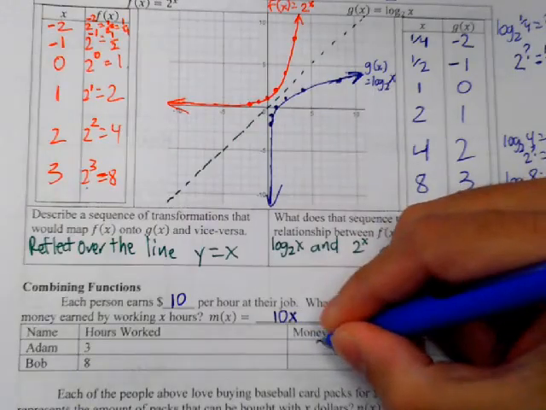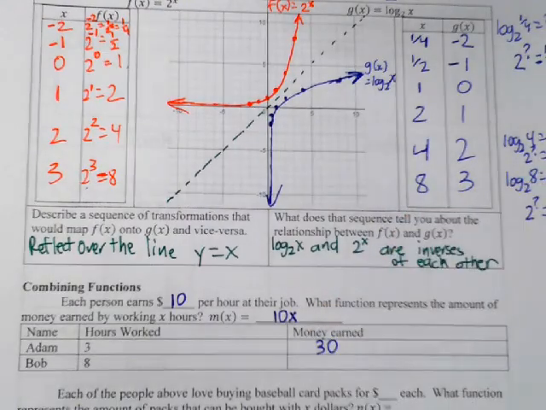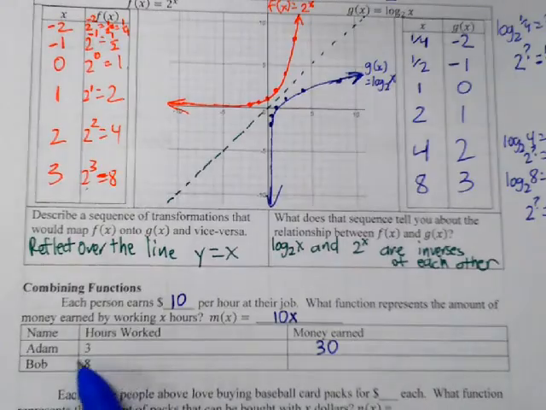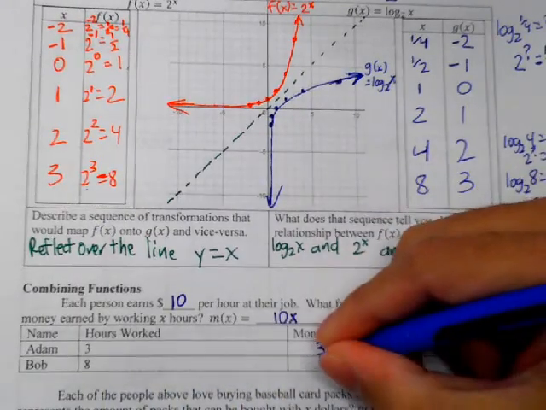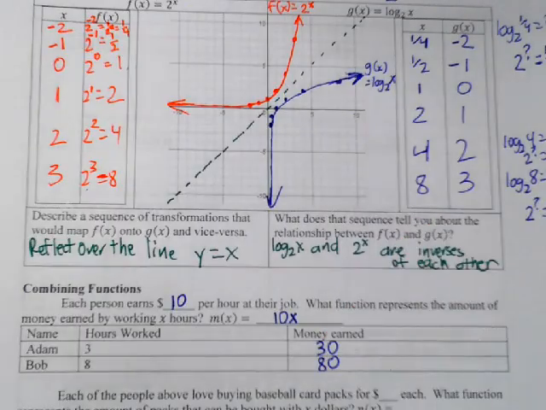And Bob worked 8 hours, so his X is 8, and 10 times 8 is 80. That's just a one-step linear function. This is nothing new, but we're going to build on this.